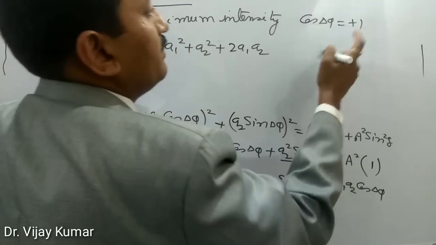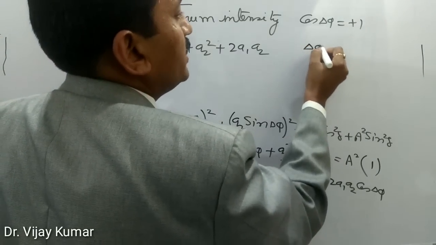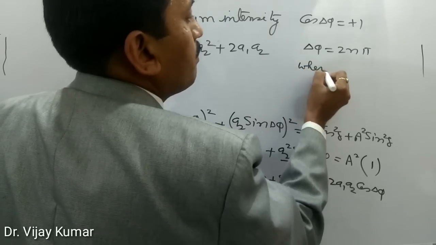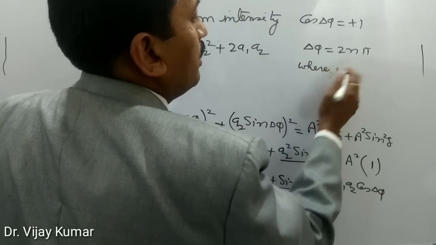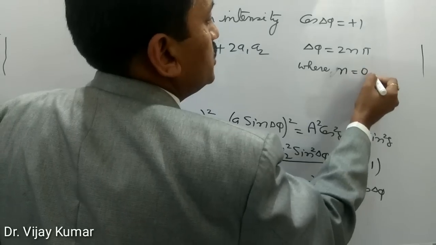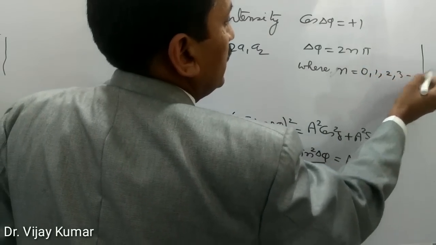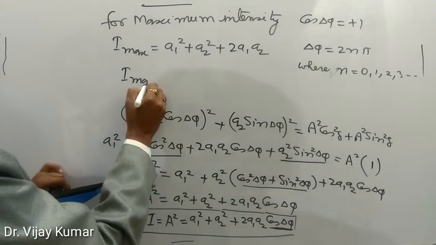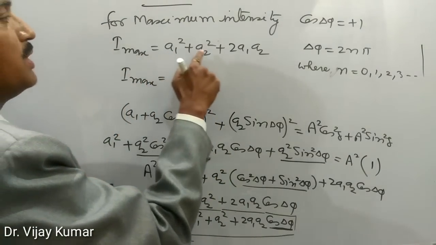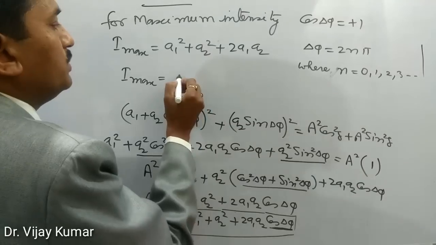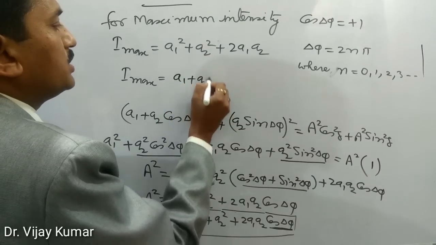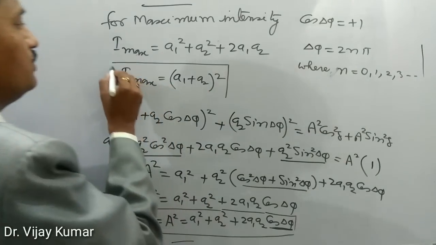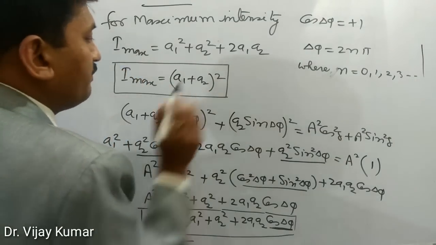If cos Δφ is +1, it means Δφ should be 2nπ, where n may be 0, 1, 2 and so on. So I maximum is a1 square plus a2 square plus 2 a1 a2, meaning (a1 + a2) whole square. This is the value of maximum intensity.